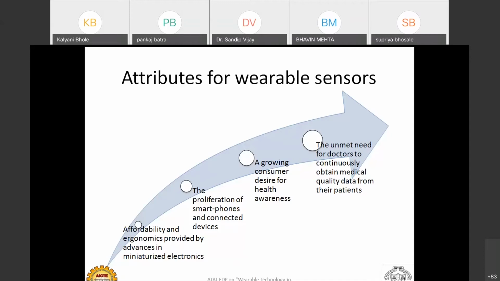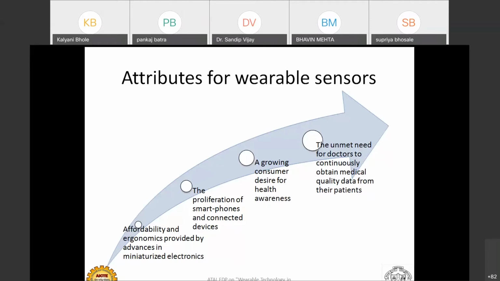And as this health awareness is growing, obviously the demand for wearable sensors or wearable technology has increased. This has played a vital role in the development of wearable sensors. Our consumer market has grown.